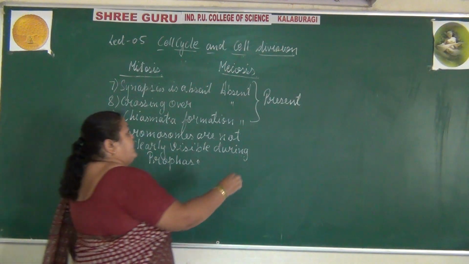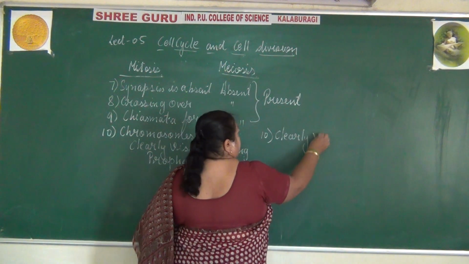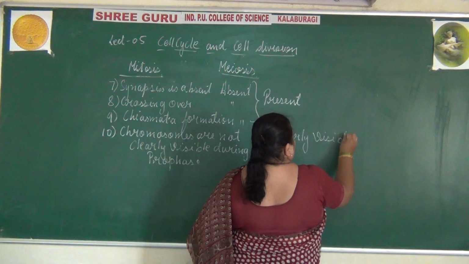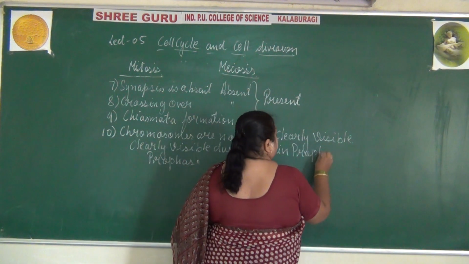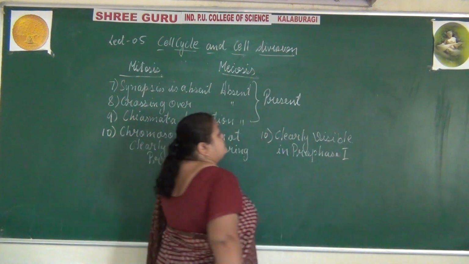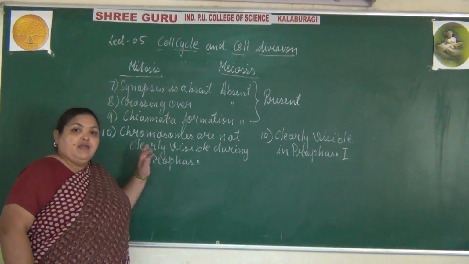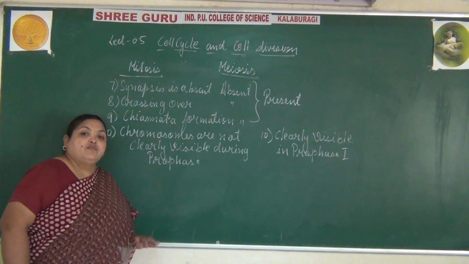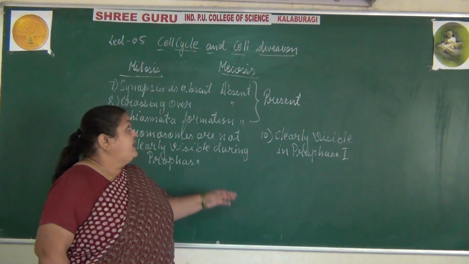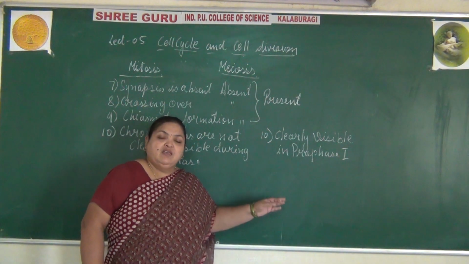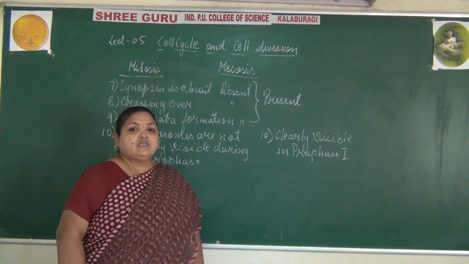They are clearly visible in prophase I of meiosis. So in prophase of mitosis you cannot see the chromosomes clearly. In mitosis, you can see the chromosomes clearly at the metaphase stage. But in meiosis, you will see the chromosomes clearly during prophase I.